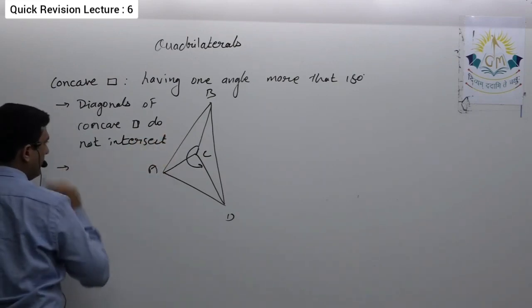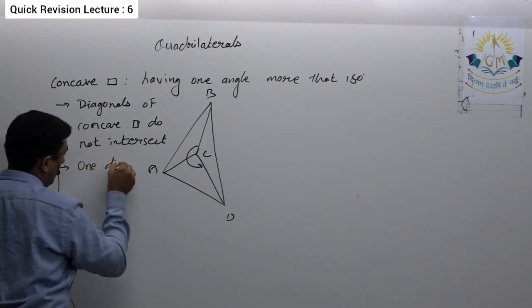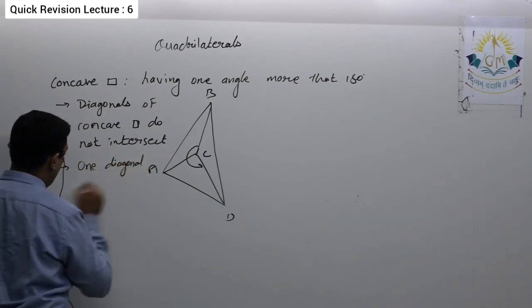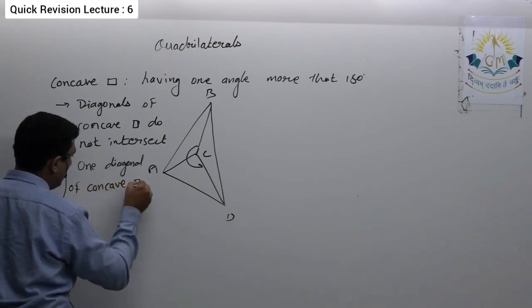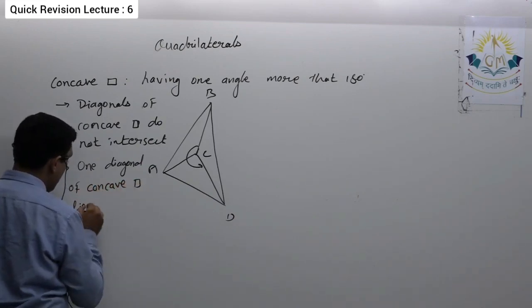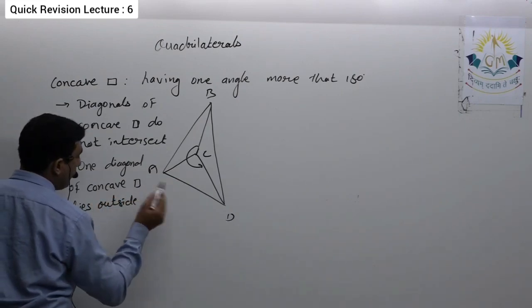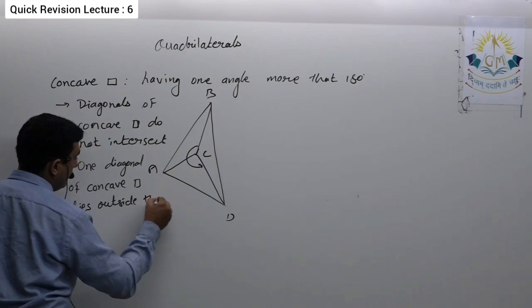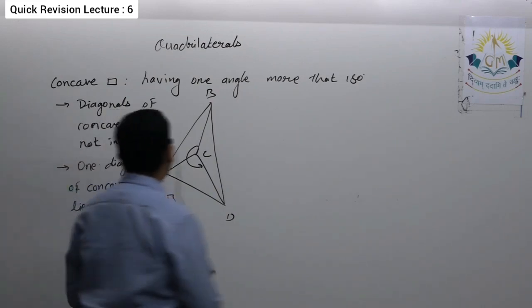Or the same thing can be written as: one diagonal of a concave quadrilateral lies outside, or in the exterior of, the quadrilateral. Okay, so this is concave quadrilateral.